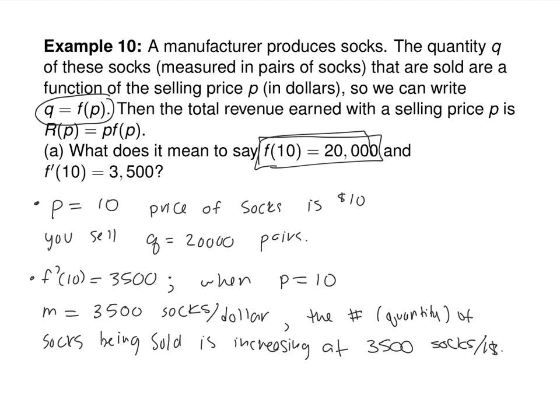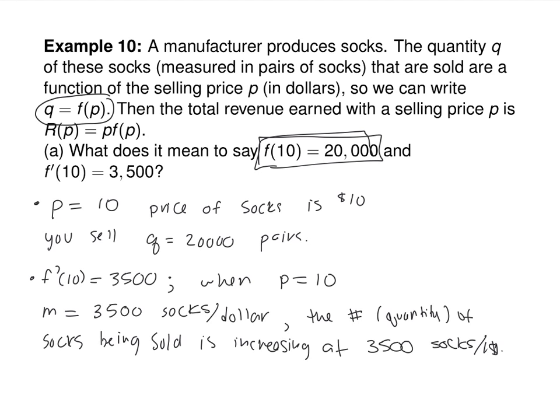Dollar. So even though your price is going up, you're still selling more socks. Which means you want to make those socks cost more. You're making them exclusive. People are like, ooh, these are fancy socks. I'm going to spend a lot of money on these fancy socks. Okay, so that's what it means.